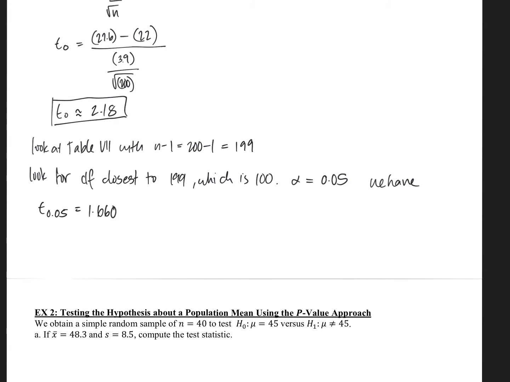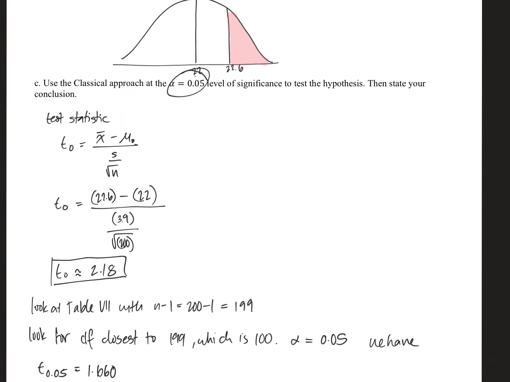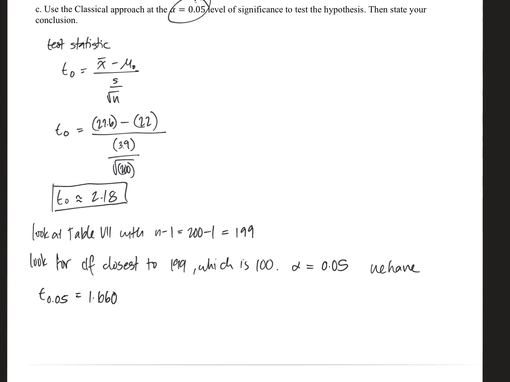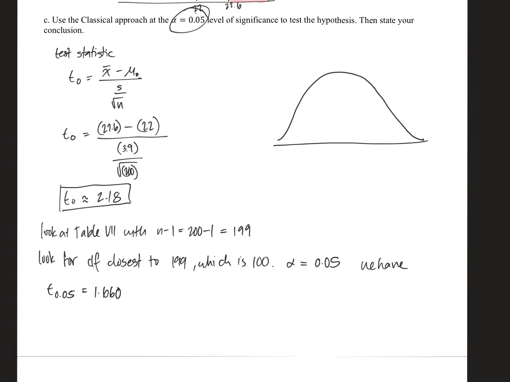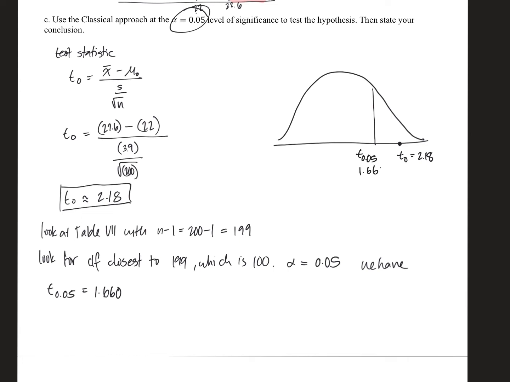All right, so what are we doing with this? Well, once again, let's draw an image, this time using our test values. So we were looking at a right-tailed, right? Yep, we want it to be greater than. We had that our t sub 0 value is 2.18, and our test value, t of 0.05, is 1.660.